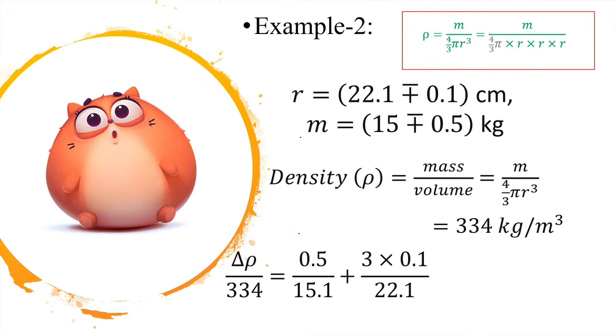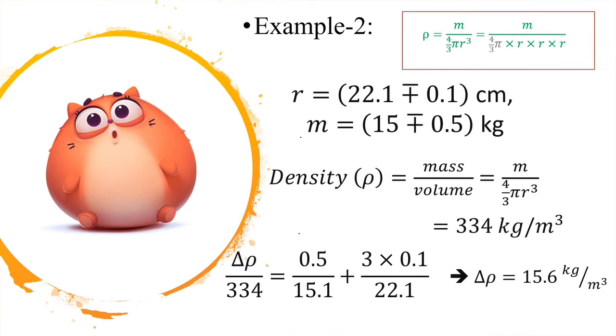It's 334 kilograms per meter cubed. So just plug the numbers from above and you'll find that delta rho is equal to 15.6. Don't stop here because we have to write the unit as well. Very important. Because we like to take off points for not writing the units.